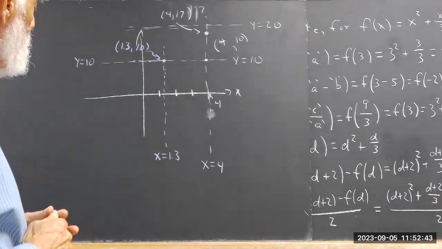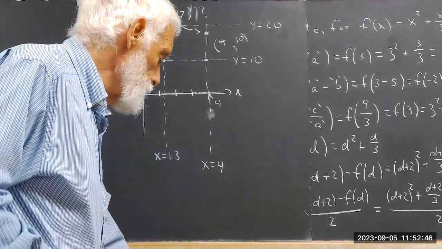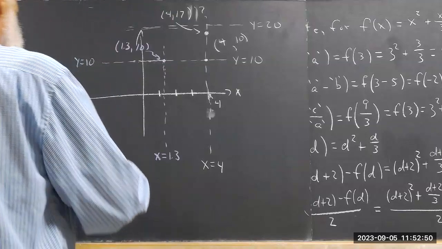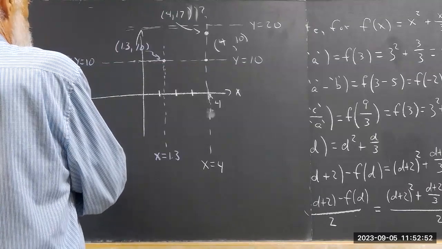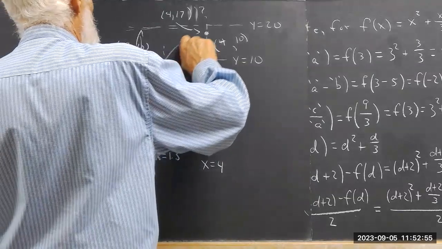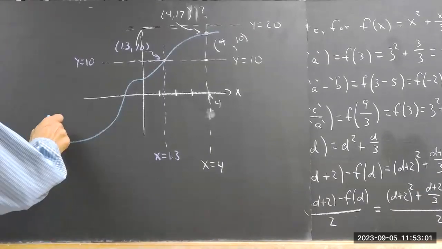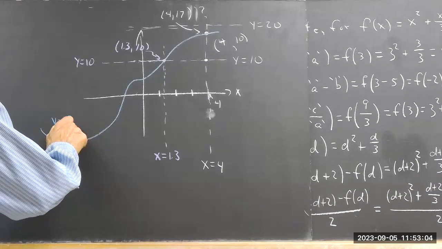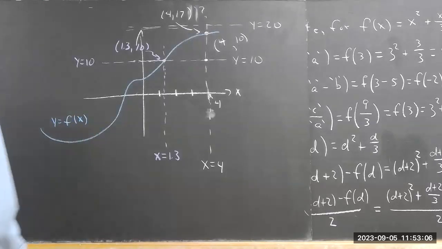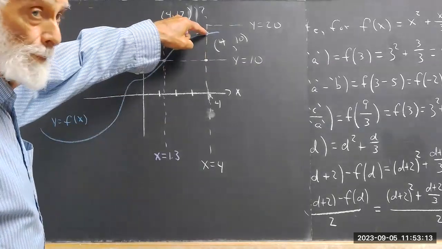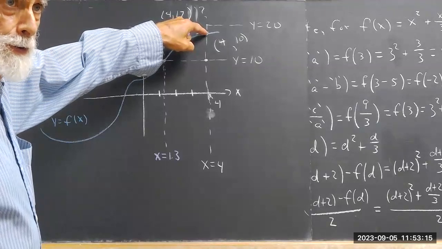Okay. Now let's just say, before we return to the graph I had to sketch, that my graph did this. And this is a graph of y equals f of x. As I go from this point to this point, how much does x change?